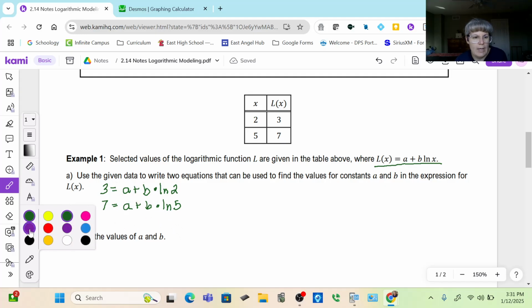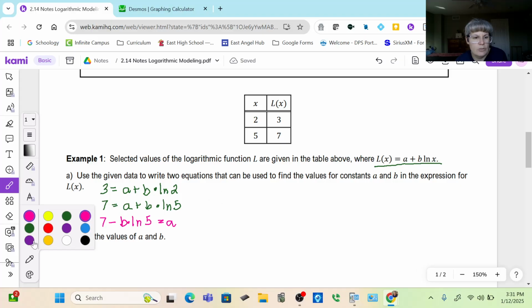So I'm going to go ahead and rewrite 7 equals a plus b times natural log of 5 as 7 minus b times the natural log of 5 equals a. That allows me to substitute into the other equation.